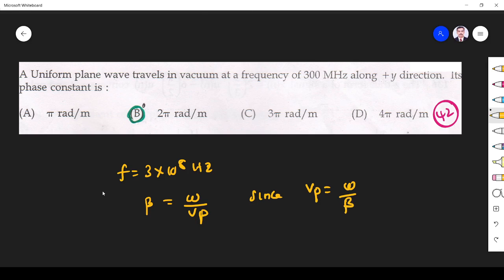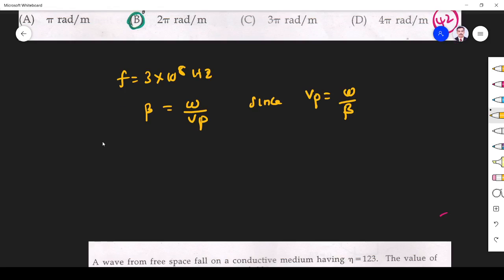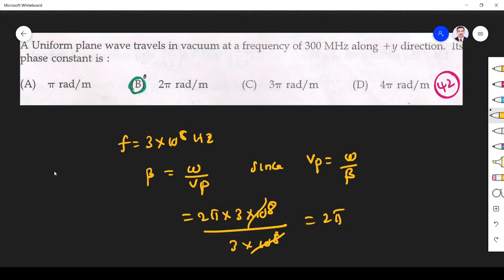They have given f, and we want the beta value. So beta is 2 pi into f by velocity. f is 3 into 10 power 8, and velocity is 3 into 10 power 8. So the phase constant is 2 pi radian per meter.